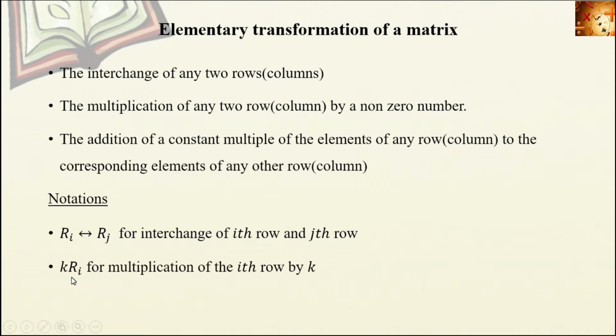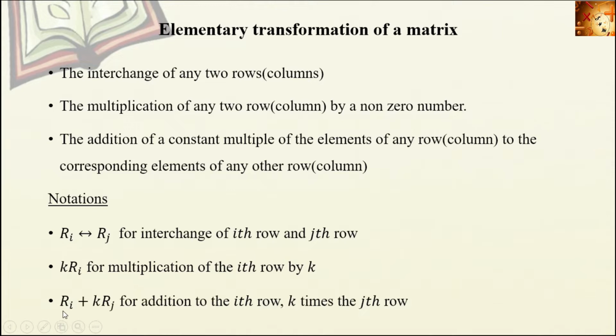Next, k into Ri, which means multiplying a row with a non-zero number, that is a constant k, so multiplication of the ith row by k. Next one is Ri plus k Rj, which is addition to the ith row of k times the jth row. So these are the elementary transformations and their corresponding notations.